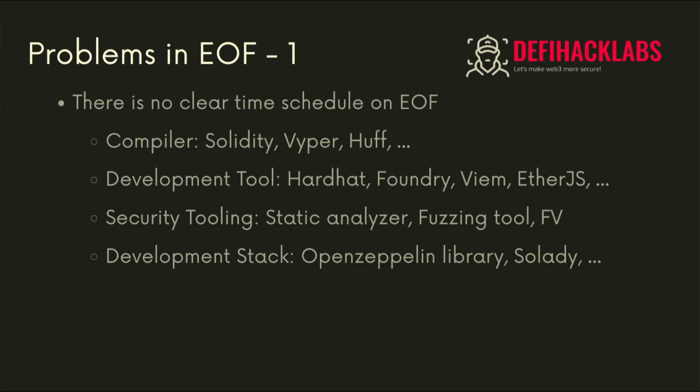Your bytecode cannot be deployed on Ethereum mainnet, so nobody can deploy their bytecode. And the problem is that there is not much effort put into coordinating this tooling development. So we don't know whether, when Fusaka is complete, this tooling will upgrade to the latest version to be EOF compatible.